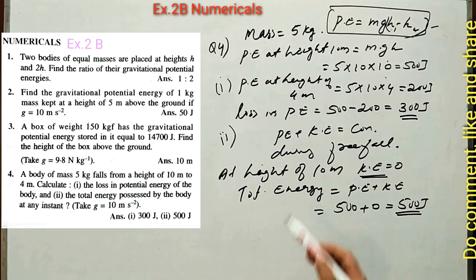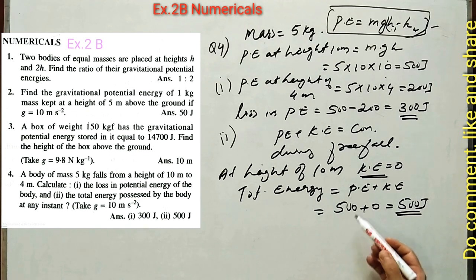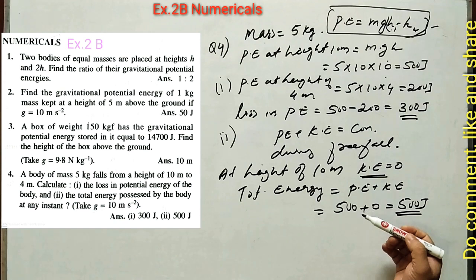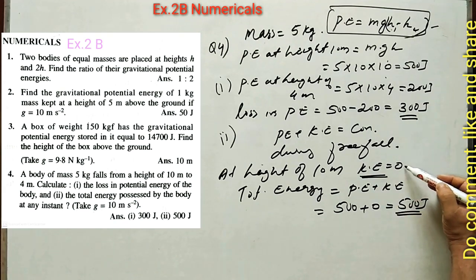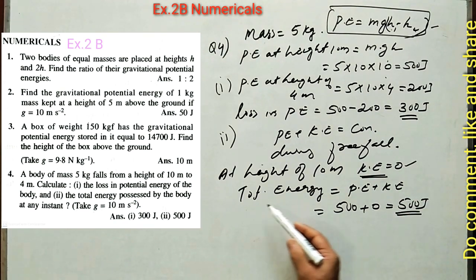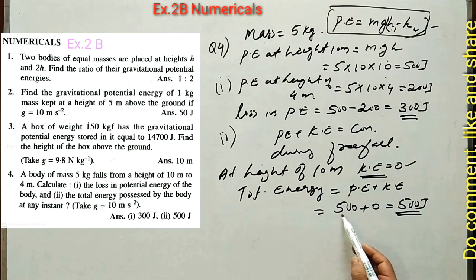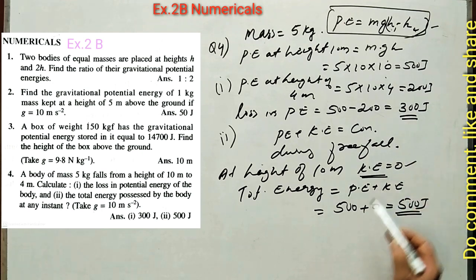So this is the total energy possessed by a body at any instant during the free fall. At the highest point, the body is at rest, the velocity is 0, so therefore the kinetic energy is 0. So the total energy during a free fall is the sum of its kinetic energy and potential energy. The potential energy we have already calculated, so 500 plus 0 is equal to 500 joule.